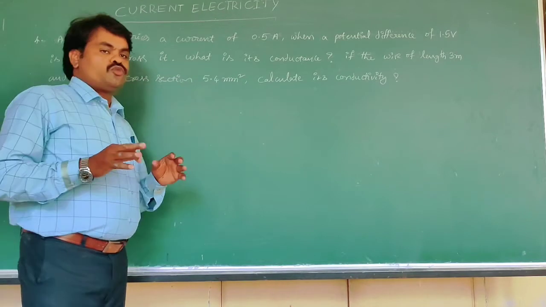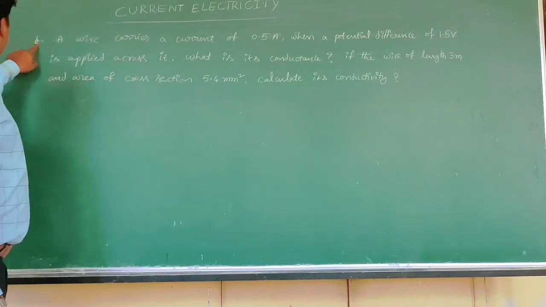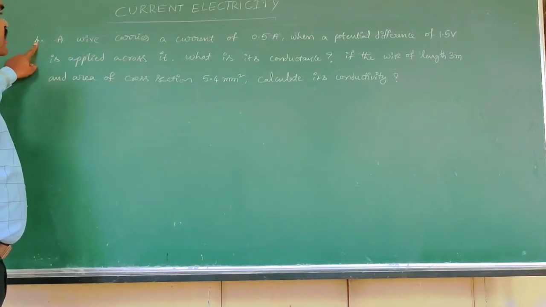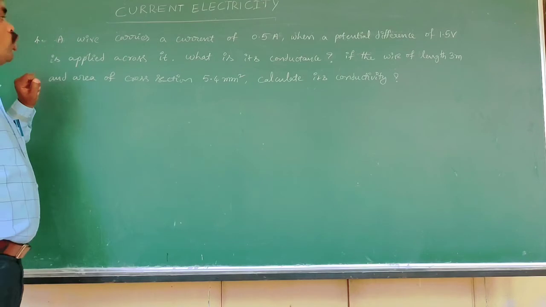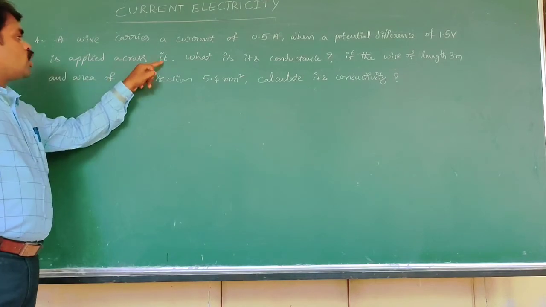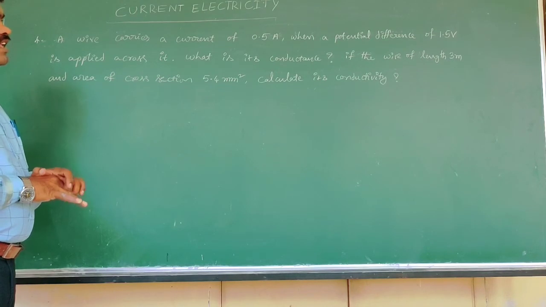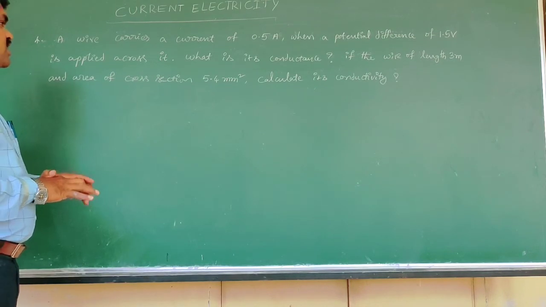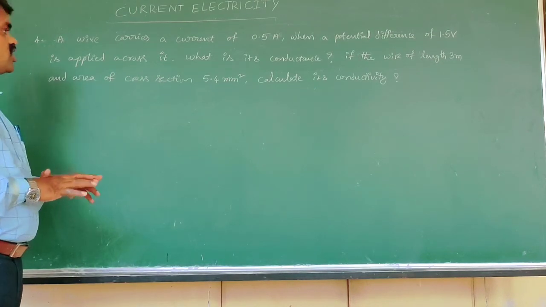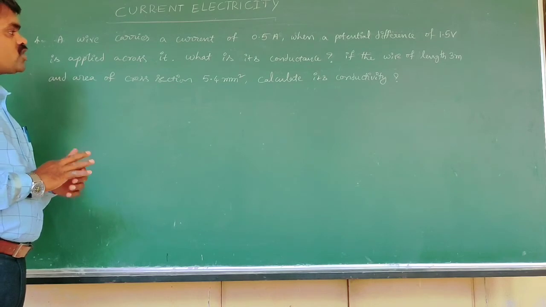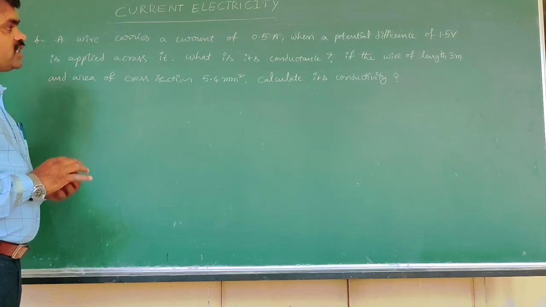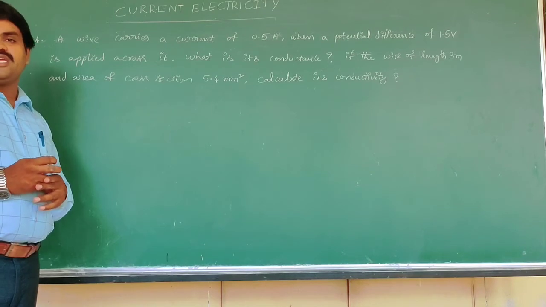Now we are going to the fourth problem on the board. A wire carries a current of 0.5 amperes when a potential difference of 1.5 volts is applied across it. What is its conductance? If the wire has a length of 3 meters and an area of cross section of 5.4 millimeter square, calculate its conductivity.